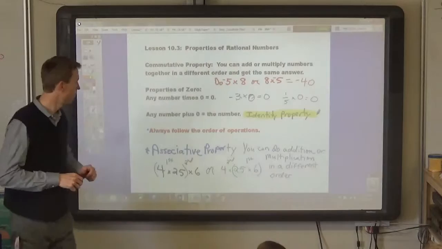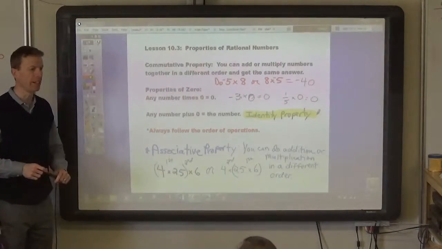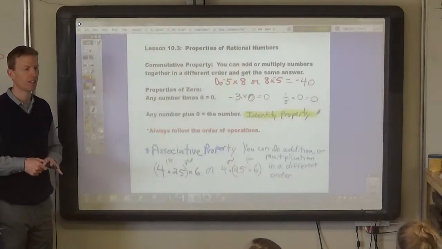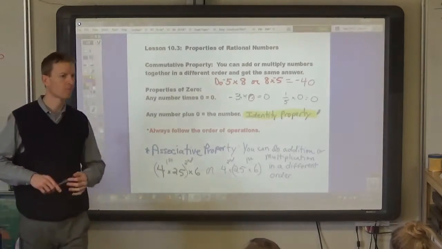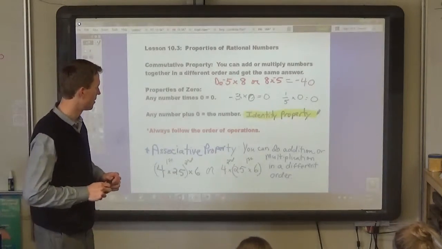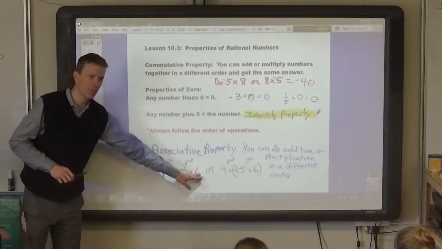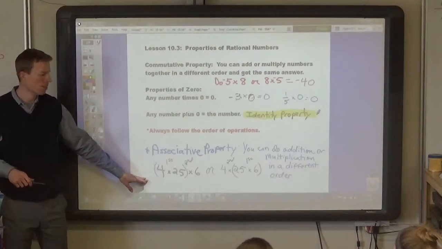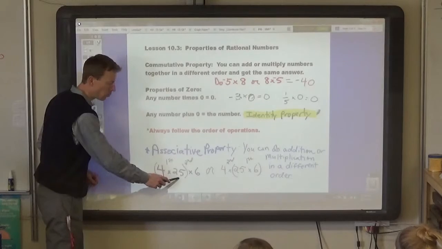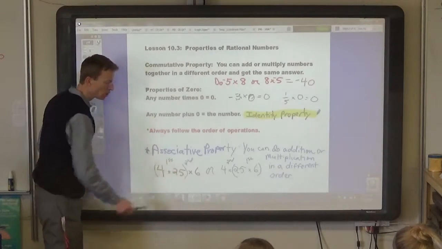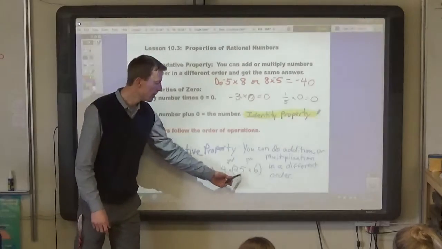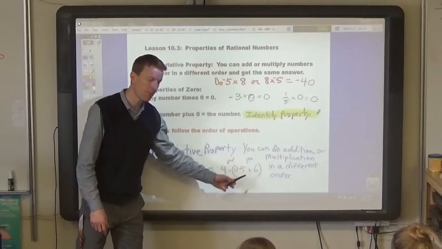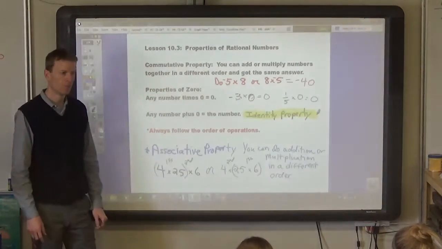What's the associative property? Lindsay? Yes. So if you have three numbers you're multiplying, you can do 4 times 25 and then multiply it by 6. Or you can do 6 times 25 and then multiply it by 4.